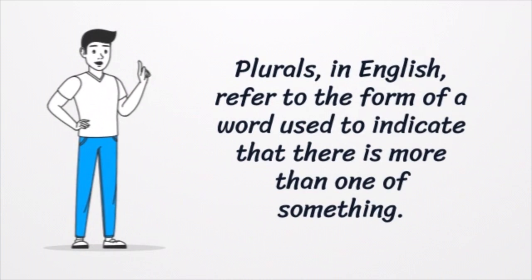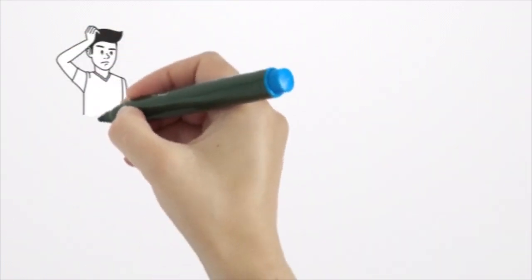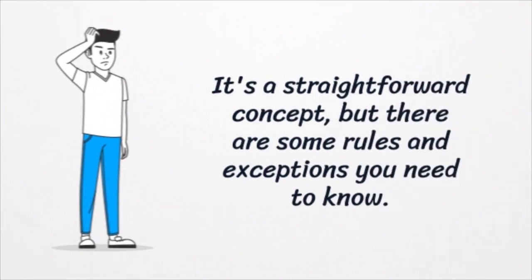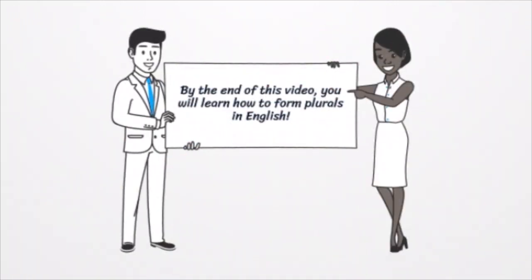Plurals, in English, refer to the form of a word used to indicate that there is more than one of something. It's a straightforward concept, but there are some rules and exceptions you need to know. By the end of this video, you will be a pro at forming plurals in English.